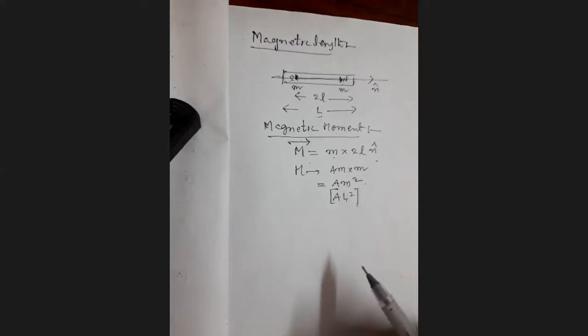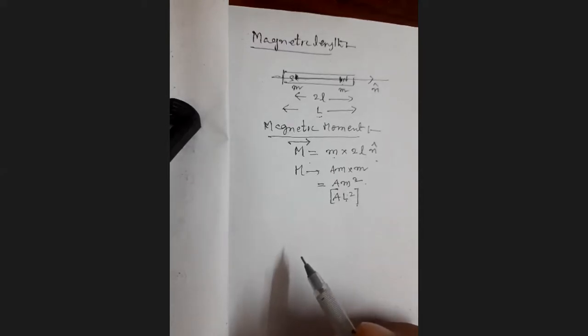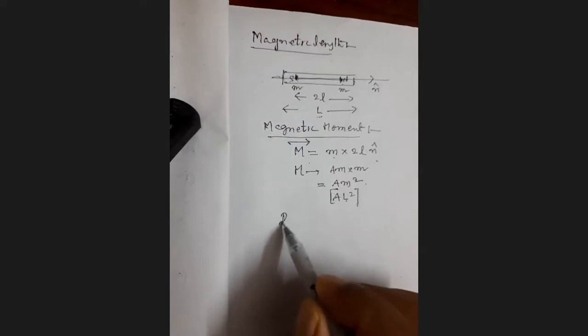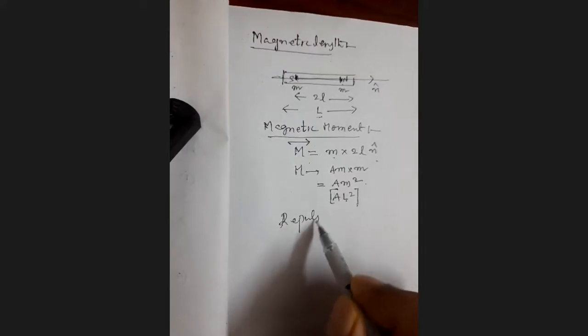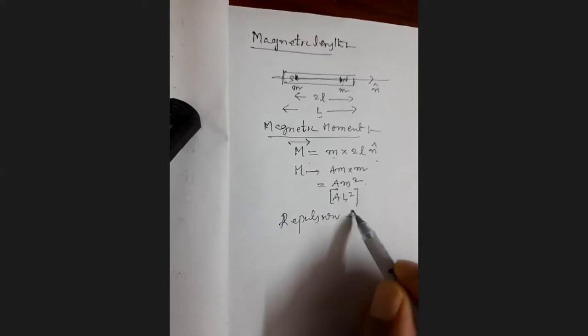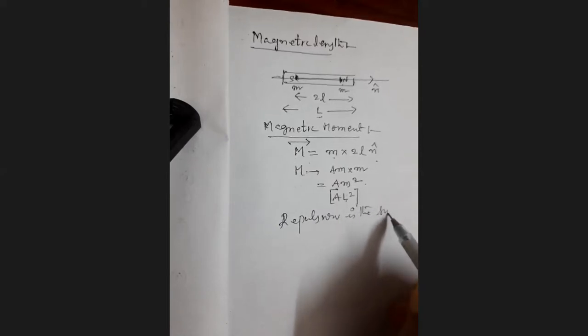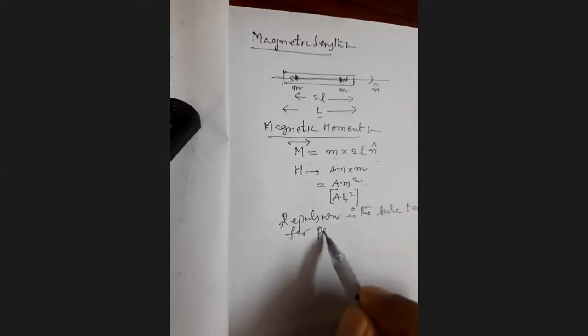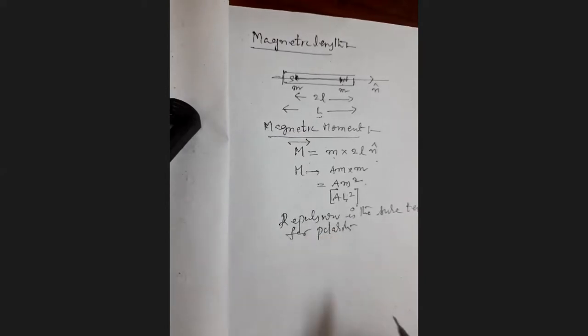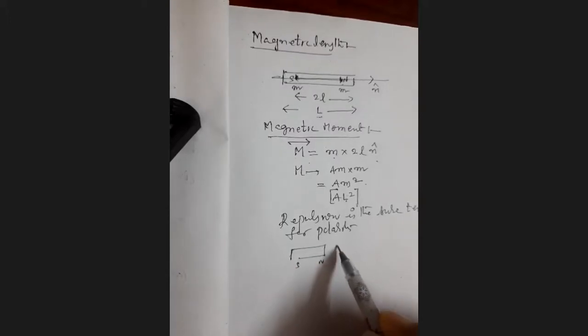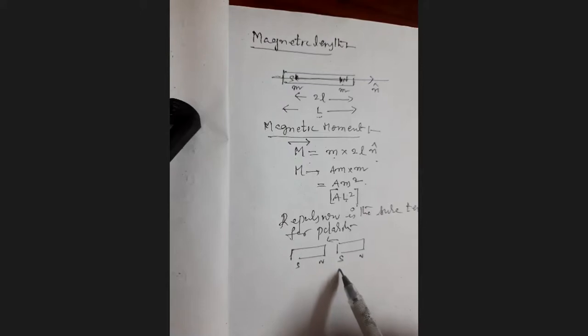Now, one more property is repulsion is the sure test for polarity. Why? A magnetic pole, for example south and north, can attract the unlike pole. Also a magnetic pole can attract magnetic material.